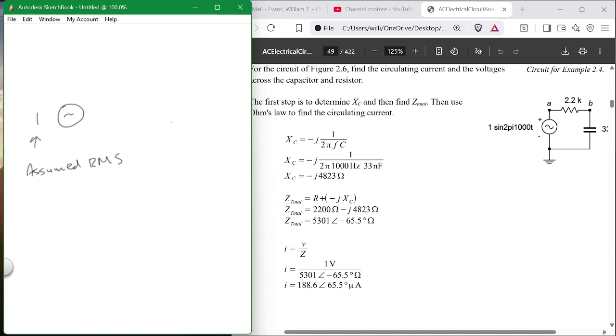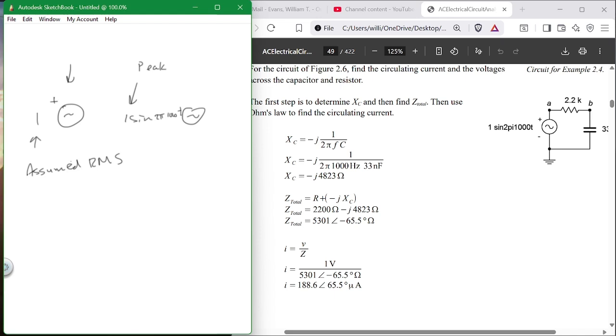But if I write it like this, 1 sine 2 pi, blah, blah, blah, all that kind of 2 times pi, 1000 t, this is assumed as peak. Because that's what it is. Does everybody understand the difference? It's subtle, but it's real. Most of the time, we write it like this. And sometimes even put a plus like it. It makes it look exactly like DC.